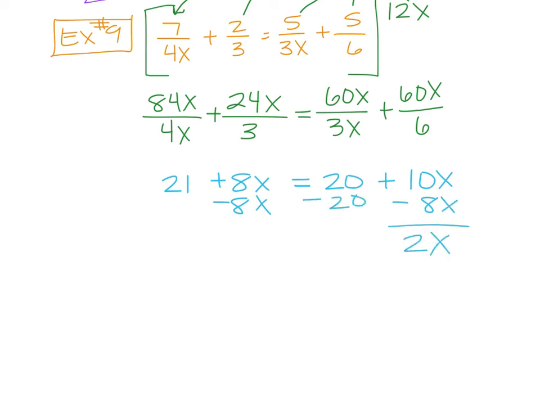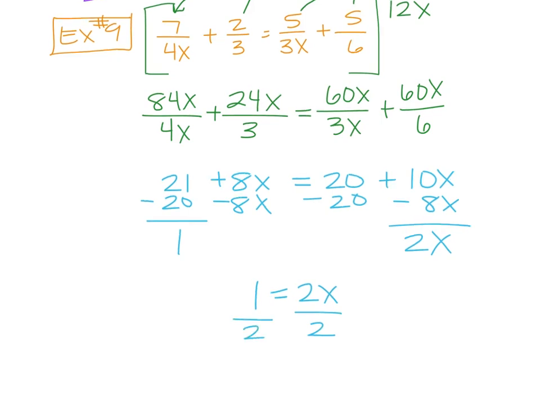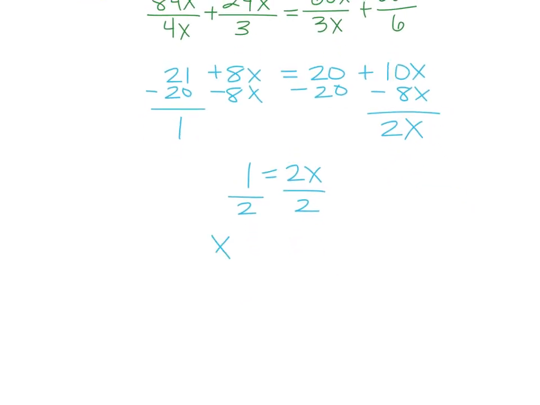Take away 20 from both sides, you get 1 over here. So 1 equals 2x. We just divide by 2. So your x is 1/2. Okay? Any questions on that? All right.